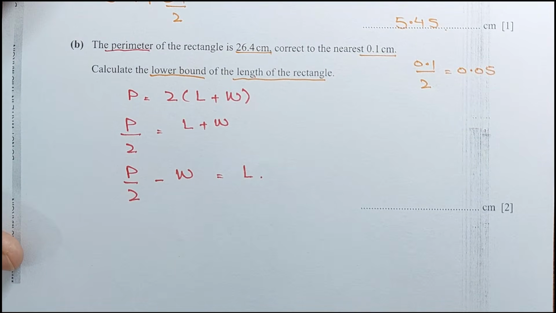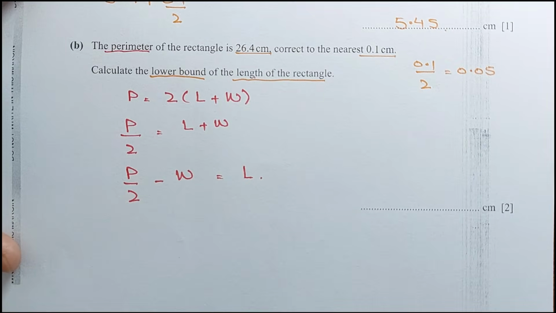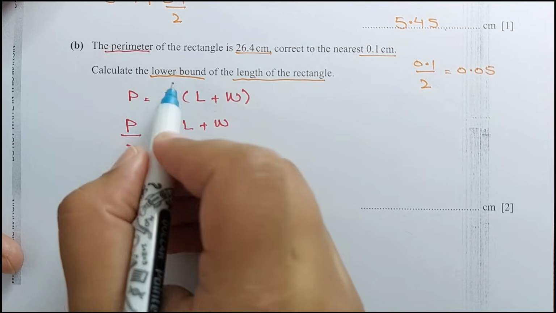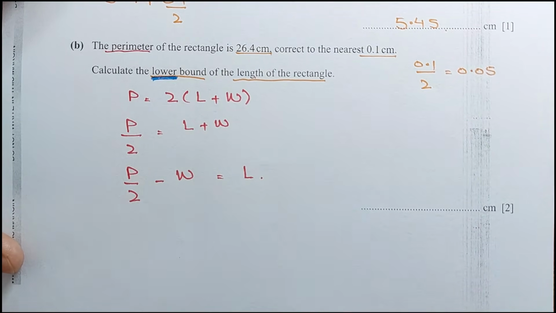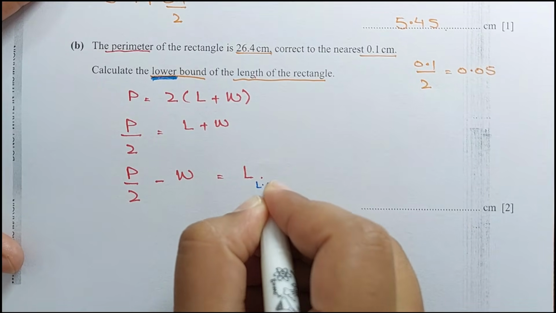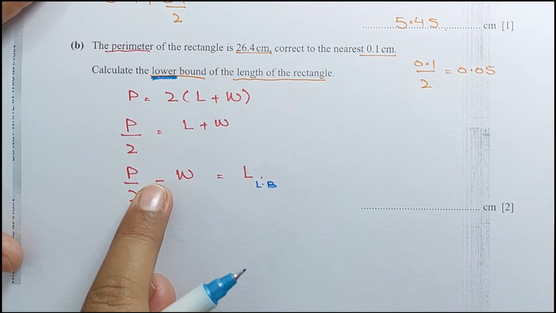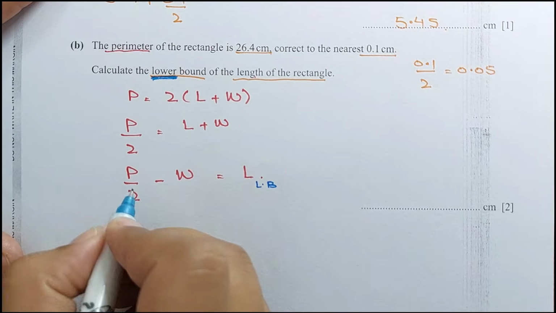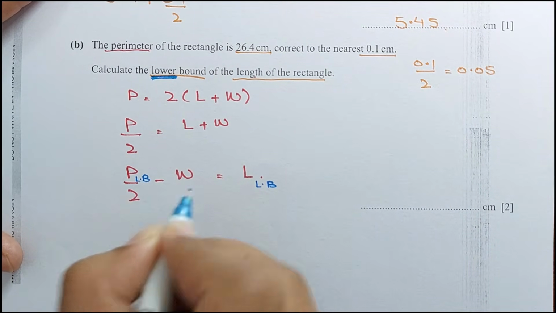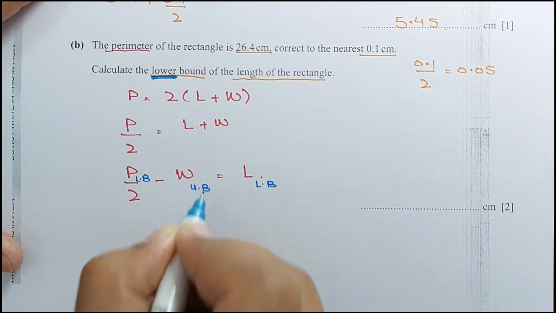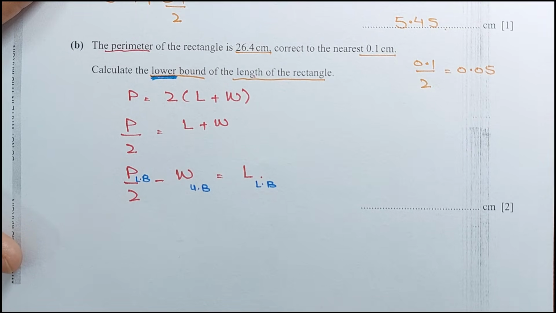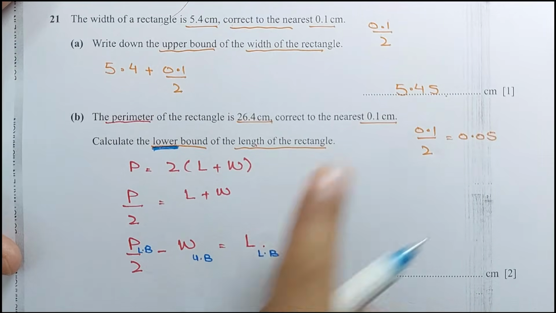Now the next thing is we need to work on the lower bound. Whenever we are dealing with lower bounds in a subtraction, in a difference, the first term should be the lower bound and the second term should be the upper bound, right? So we know the width upper bound from part A.